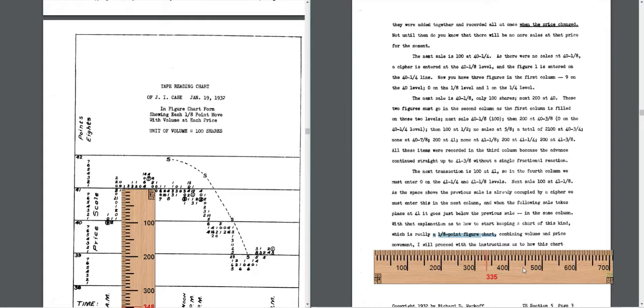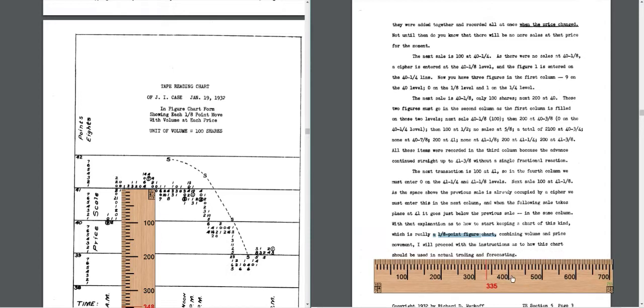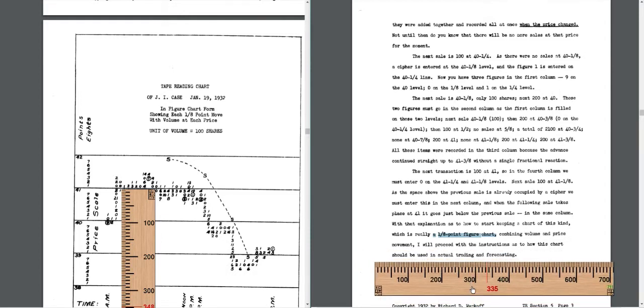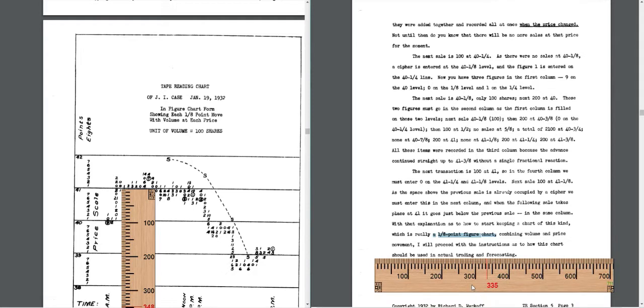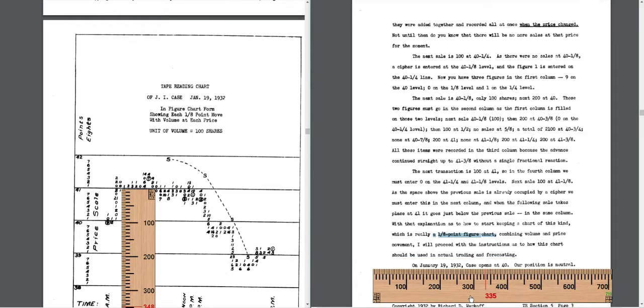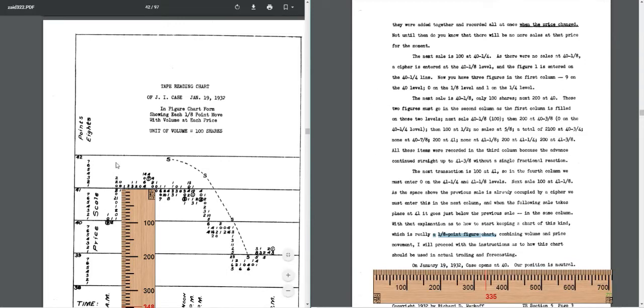I will proceed with the instructions as to how this chart should be used in actual trading and forecasting. Okay. So this entire activity that I just went through is going to be automated by your platform.